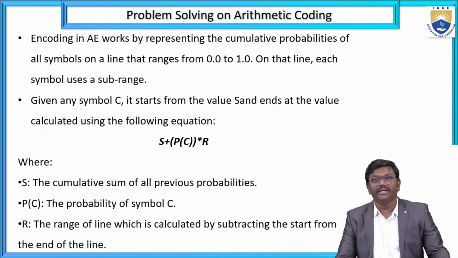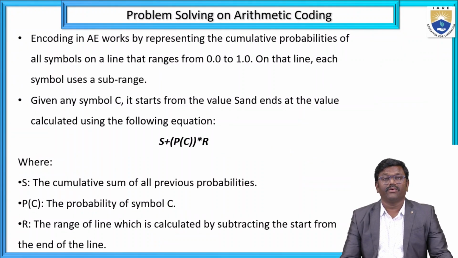Encoding works by representing the cumulative probabilities of all the symbols on a line that ranges from 0 to 1. On that same line, each symbol uses a subrange.